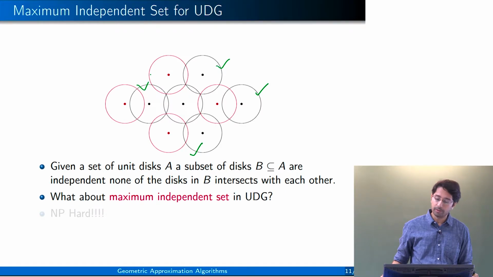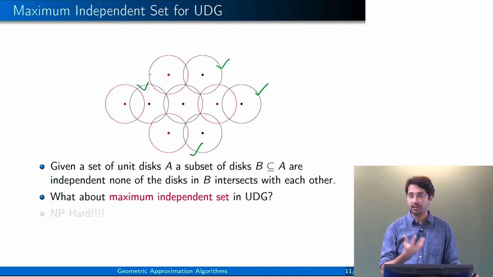Can you solve this problem in 2 to the power n time? There are n disks. Can you find the maximum independent set in time 2 to the power n? How many subsets are there? If there are n disks, how many subsets of disks are possible? 2 to the power n.